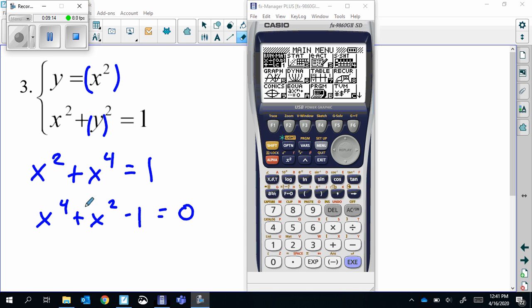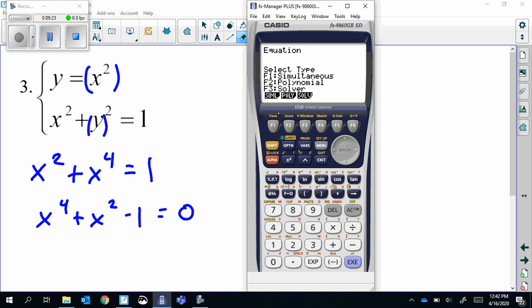Since we have a polynomial equation, we can go into equation solver here. And it is a polynomial, so we'll go to F2. It's got a degree of 4. That's the largest exponent.